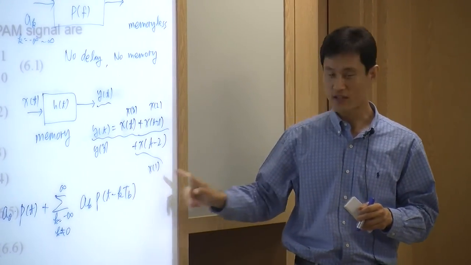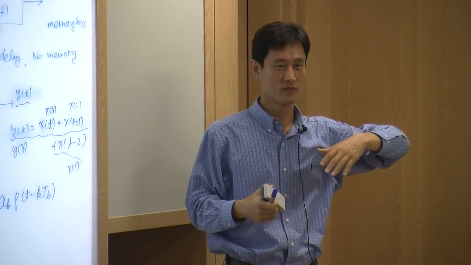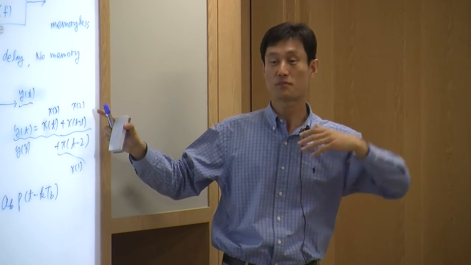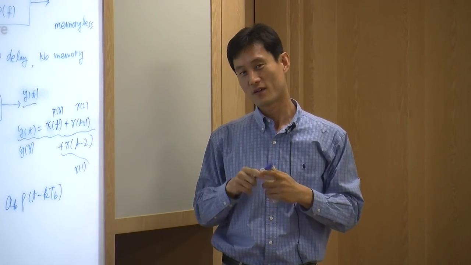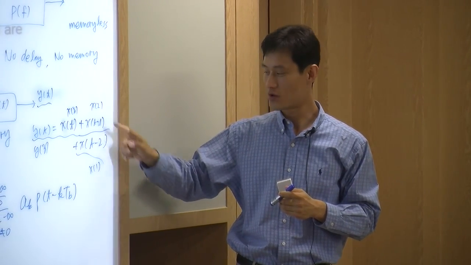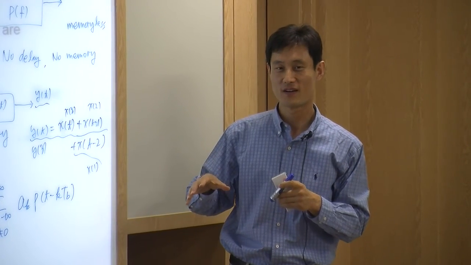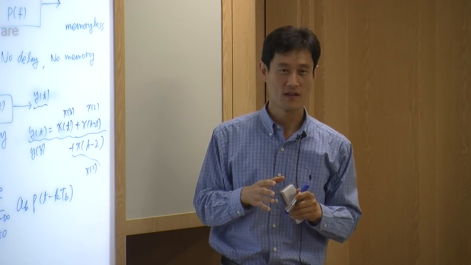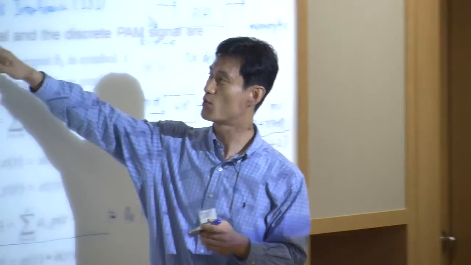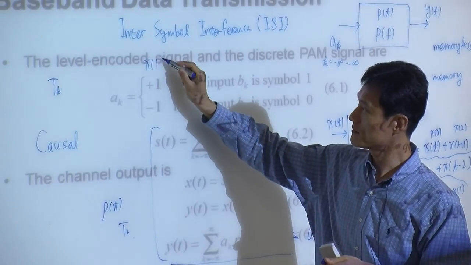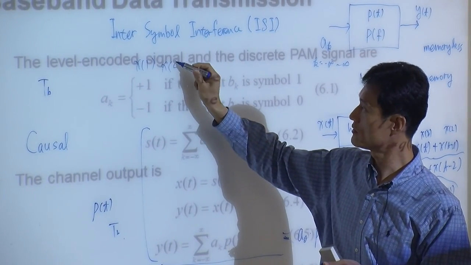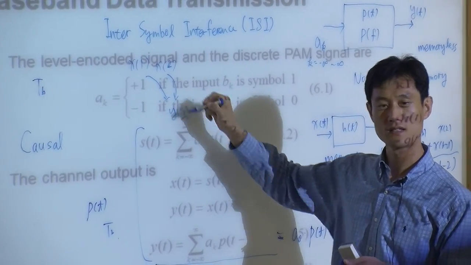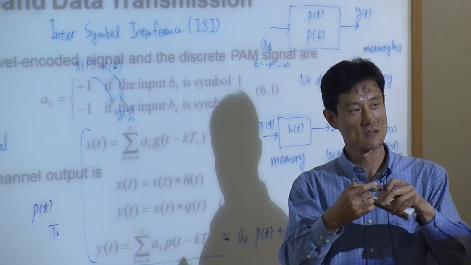Why? x1 is a sample 2 times before. x2 is the previous sample. Why is the previous sample still there and impacting my output? Because of the memory. And that is ISI, because x1 and x2 are impacting y3.